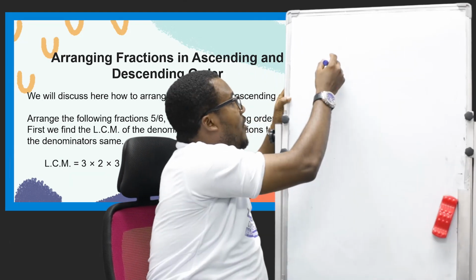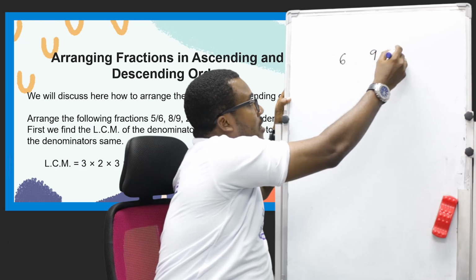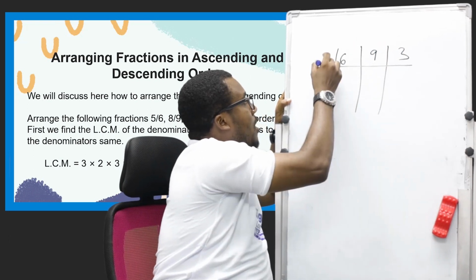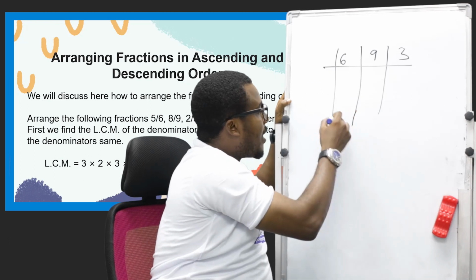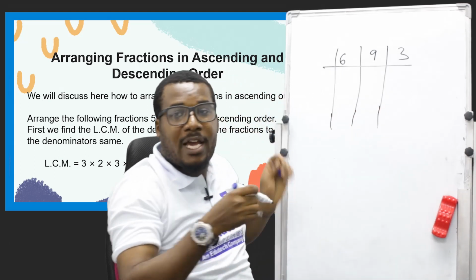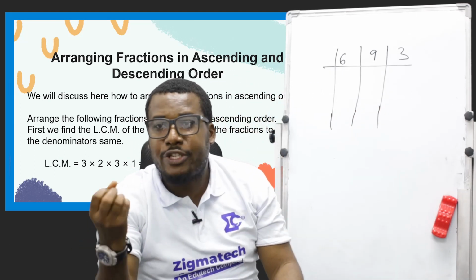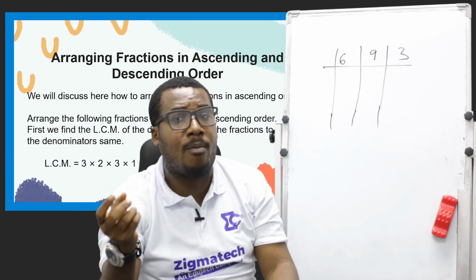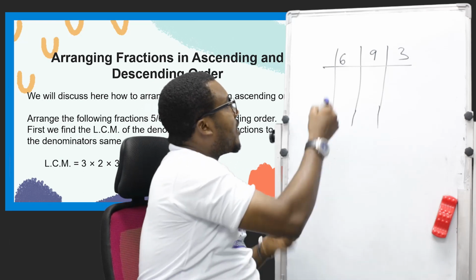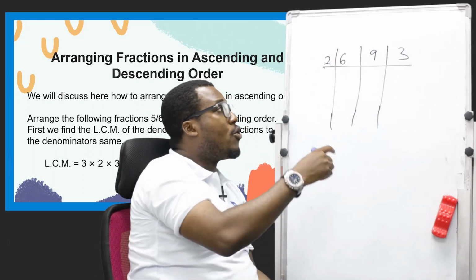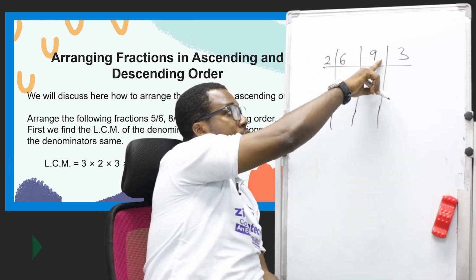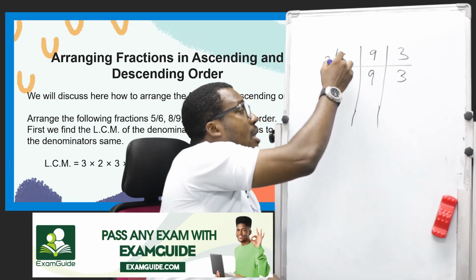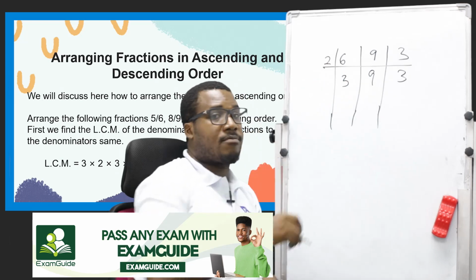In LCM, you use the number which is least first, the least possible number, thus lowest common multiple. The least possible number is 2. 2 can go into 6, but cannot go into 9 or 3. So you keep back the 9, you keep back the 3, and 2 into 6 will give you 3.